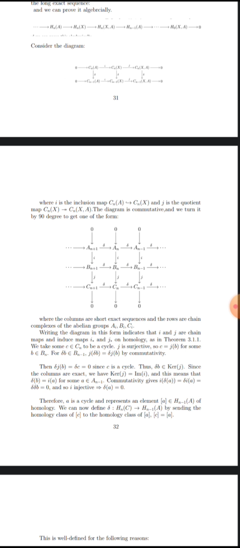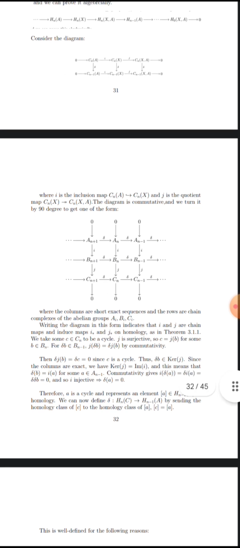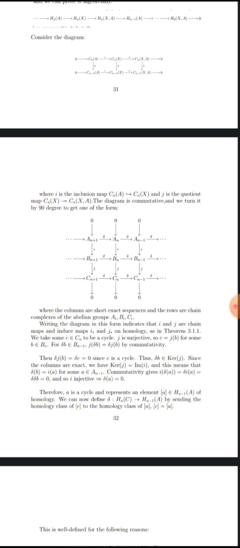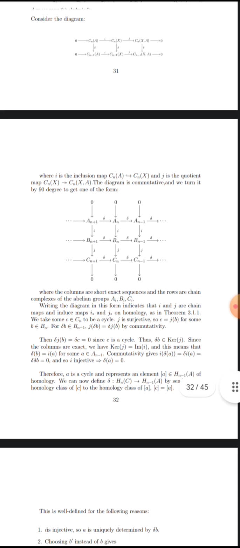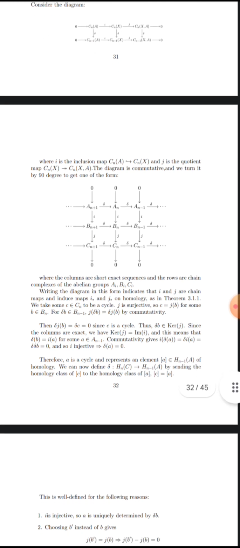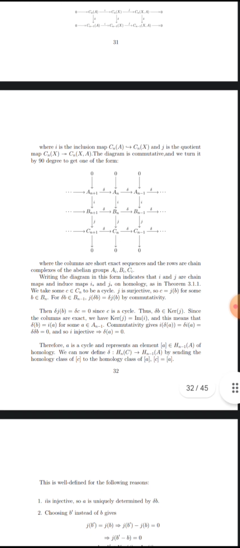We take some C belonging to Cn to be a cycle. J is surjective, so C is equal to J of B for some B belonging to Bn. Then delta B belongs to Bn minus 1, and J of delta B is equal to delta J of B, since the diagram is commutative. Then delta J of B is equal to delta C, which is equal to 0, since C is a cycle. So delta B belongs to kernel J. Since the columns are exact, kernel J is equal to image I. This means that delta B is equal to I of A for some A belonging to An minus 1.